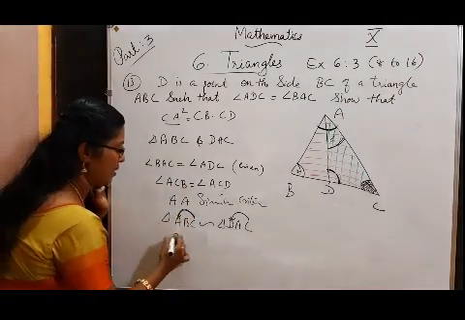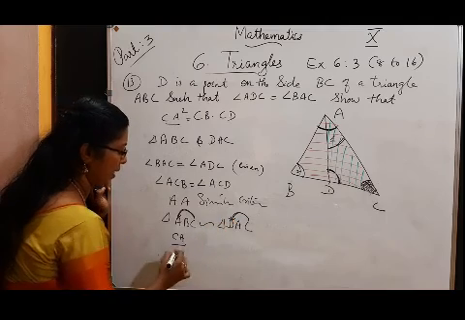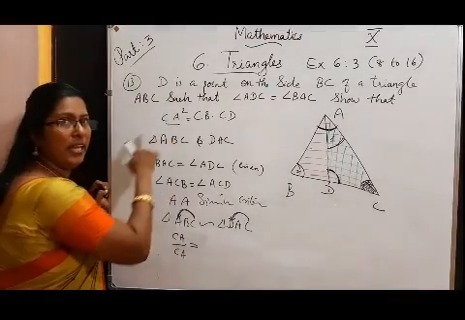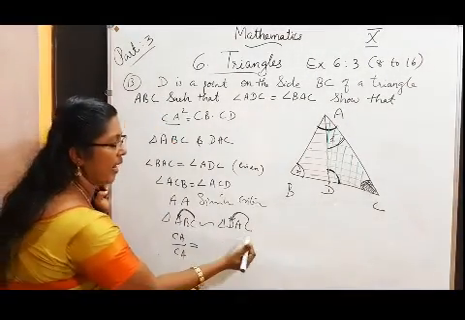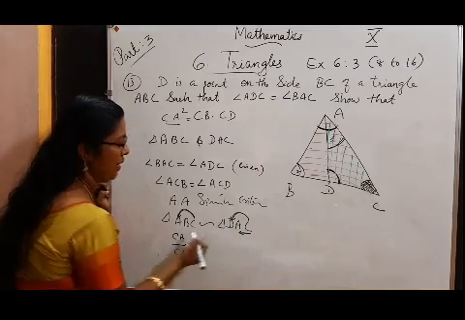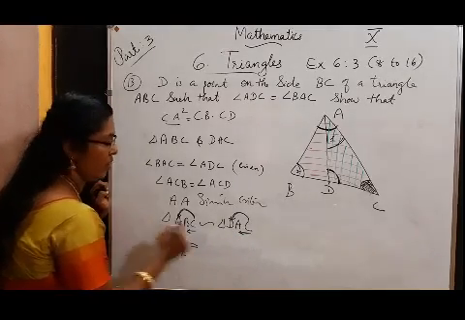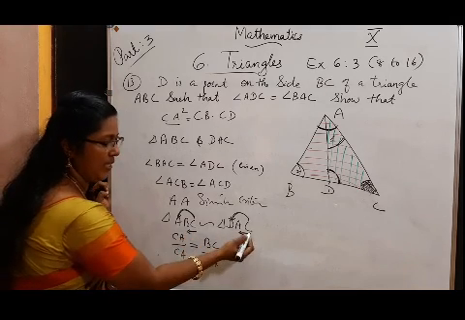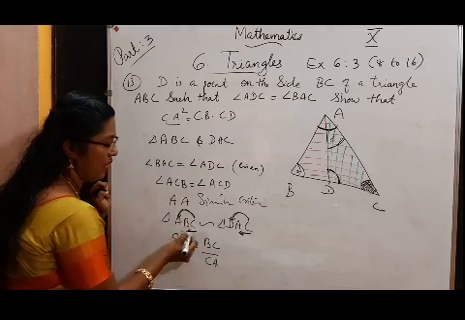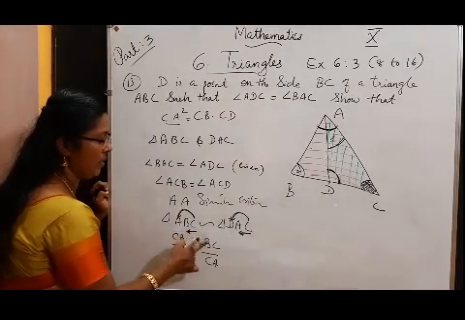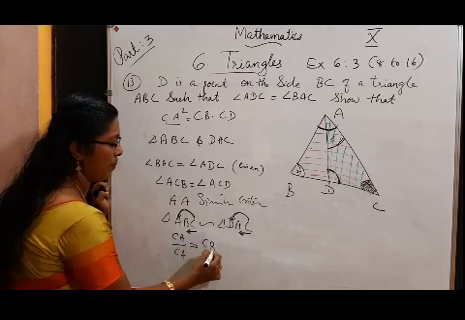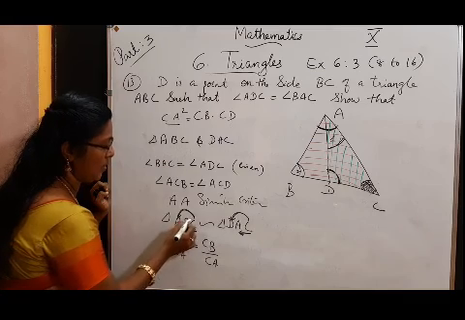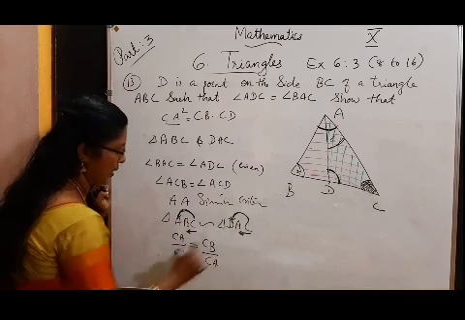So CA by CD equals, and again we want one more CA, so here BC by CA, that is CB by CA, equal to CA by CD.